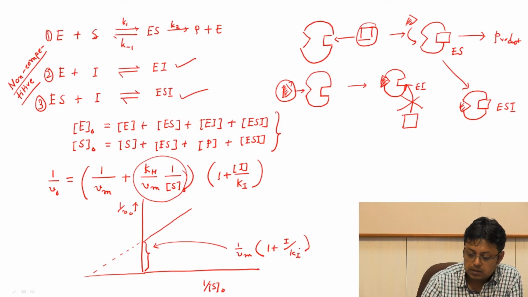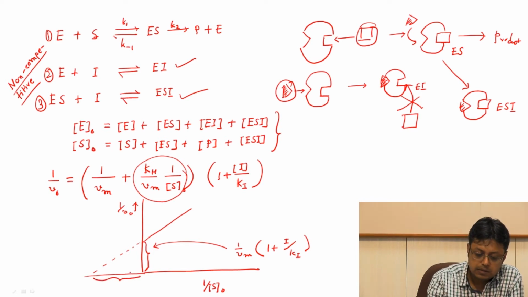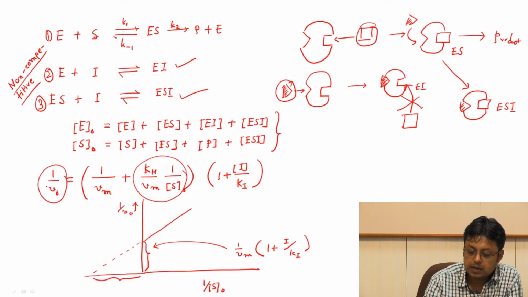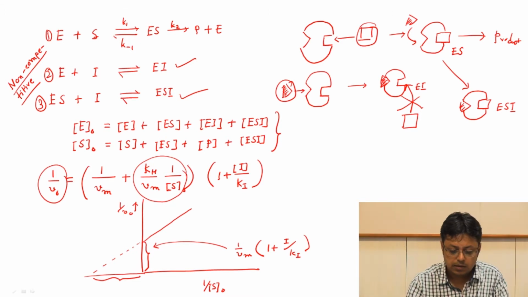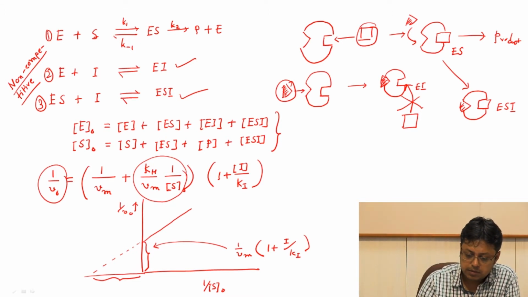And then you can also ask the question, what is this x-intercept? So for the x-intercept, I'll make this 0 and ask, what is the value of 1 over S0? So if I make that 0, you can see that the x-intercept will be something like minus 1 over Vm, and then I'll have Km by Vm, but that gets cancelled.